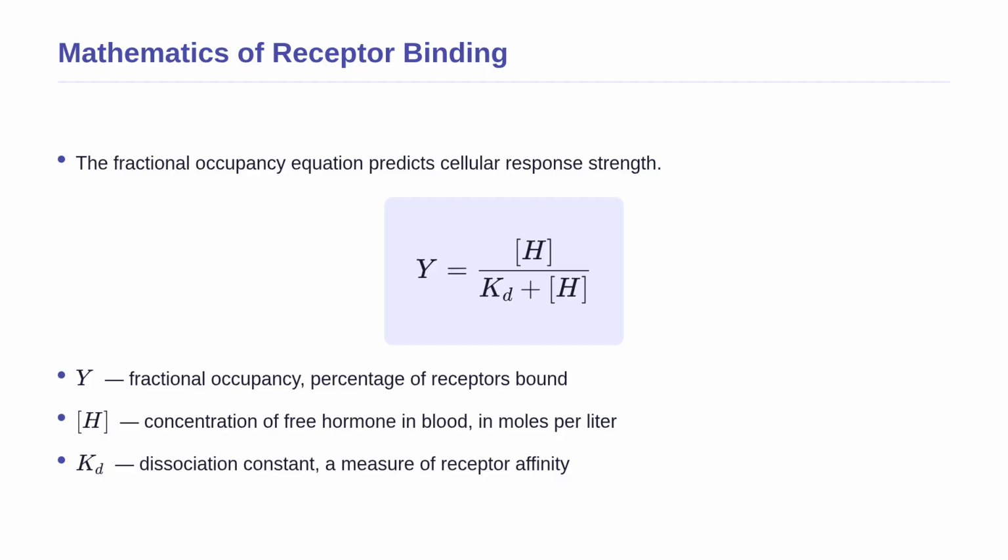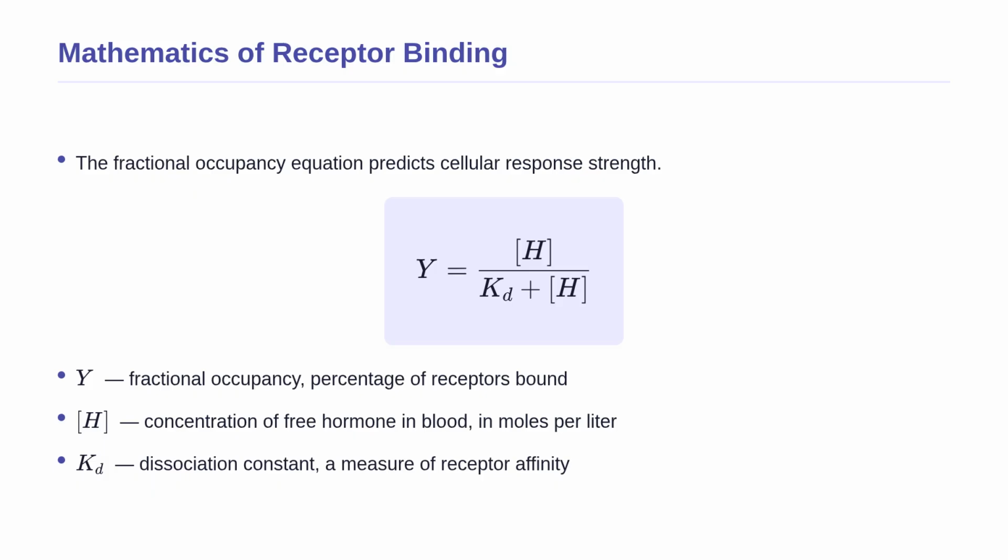To truly master how hormones act on a cell, we must move from biology to mathematics. The relationship between the concentration of a hormone and the number of receptors it occupies is described by the fractional occupancy equation. In this formula, Y represents the fractional occupancy, which is the percentage of total receptors currently bound by the hormone.